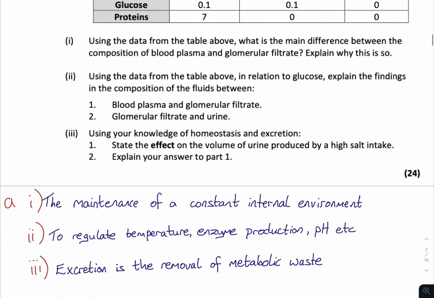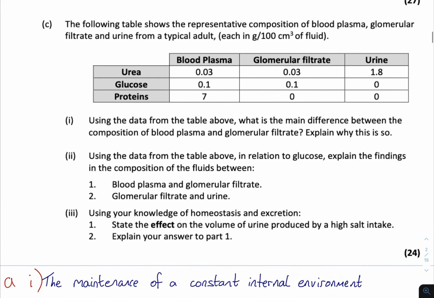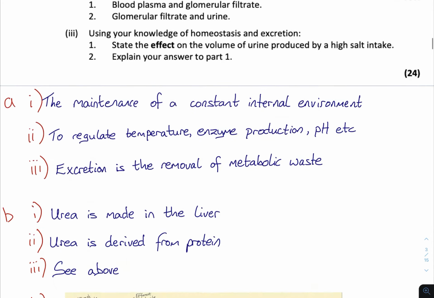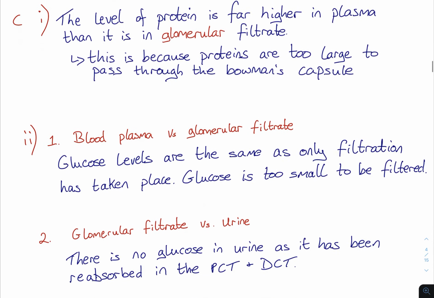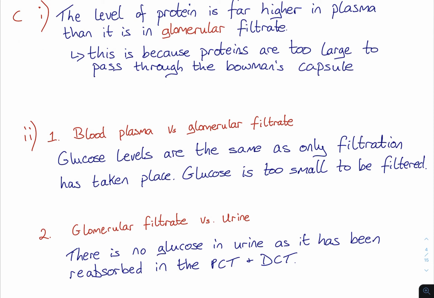Using the data from the table above, in relation to glucose, explain the findings in the composition of the fluids between blood plasma and the glomerular filtrate. So glucose, you can see here, they're the same. Okay, so blood plasma and glomerular filtrate. So I'll show you my answers for that. So glucose levels are the same, as glucose is small enough that it can be filtered through the glomerulus.